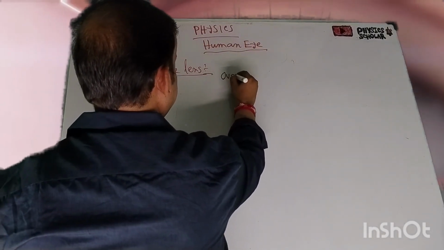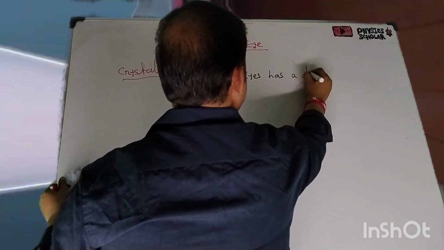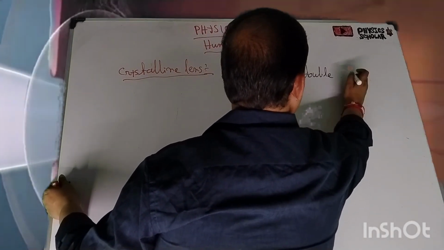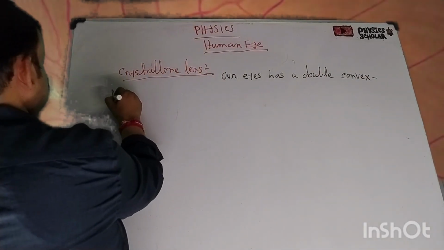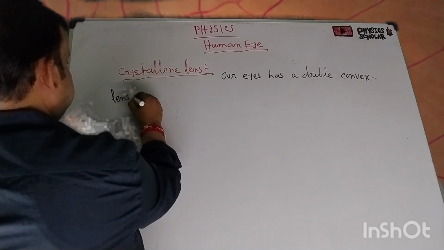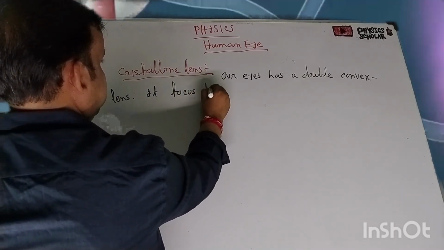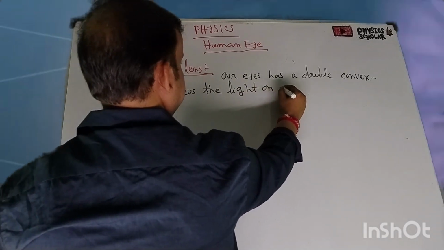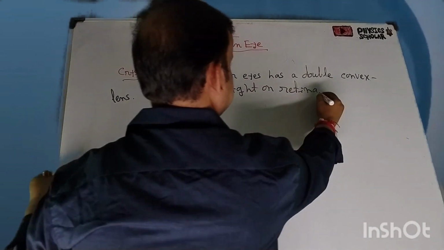So our eye has a double convex lens. It focuses the light on the retina, clear.